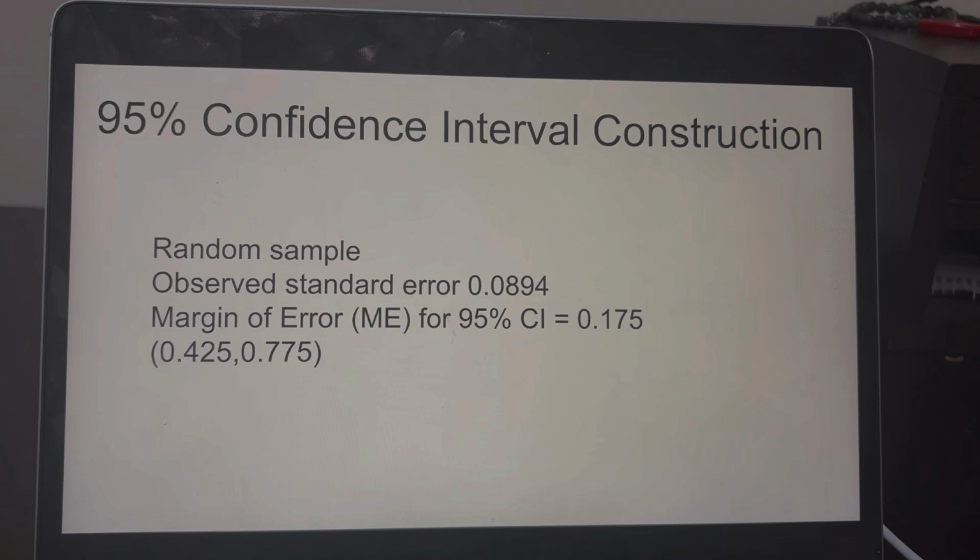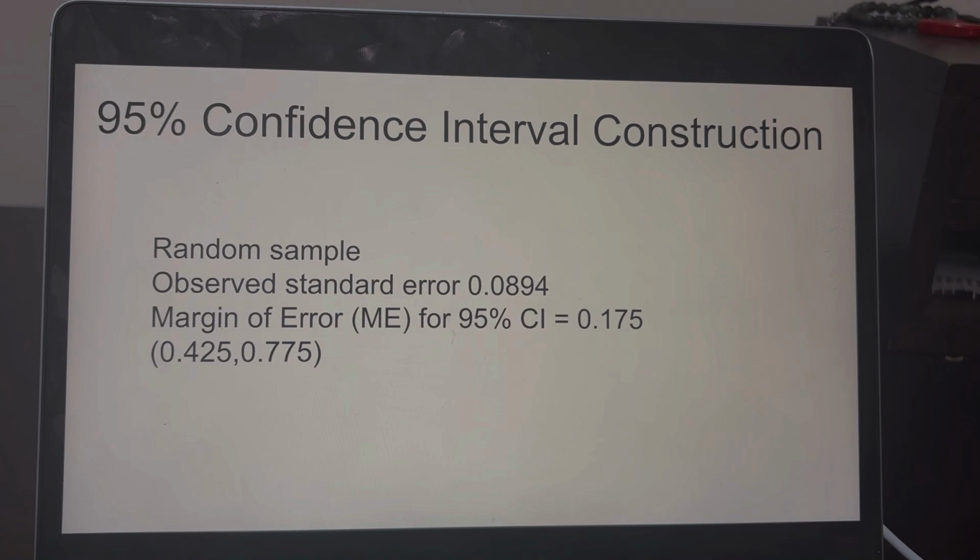And the observed standard error, you can get by doing the approximation, the square root of 0.60, which was our p, times 0.40 over 30, which approximately gives you 0.0894, which is the observed standard error.